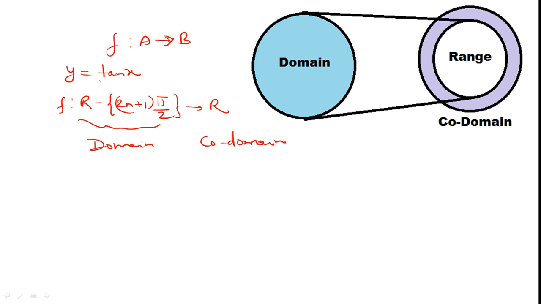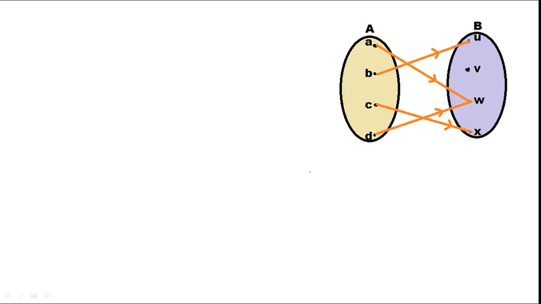And if you see the graph of tan x, it can attain all the real values. So we can say here codomain is equal to range, but still the range is a subset of the codomain, right? This picture will make everything clear.